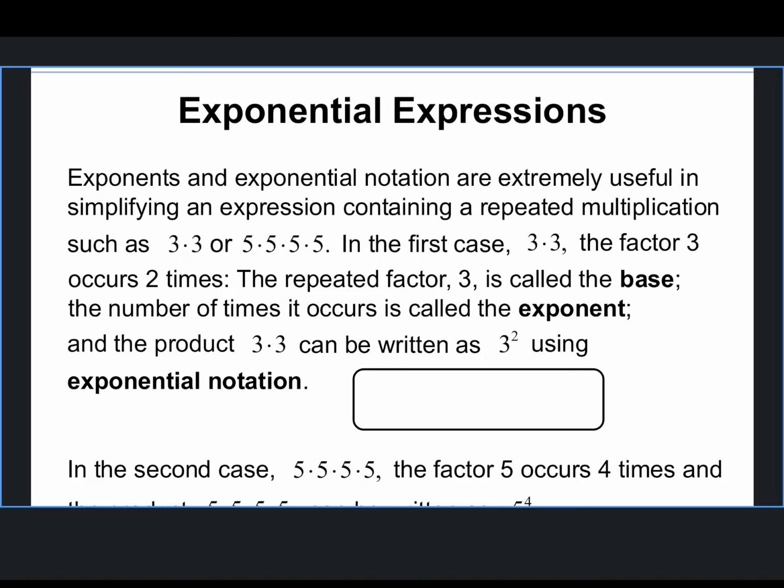That repeated factor is called the base, and the number of times that we repeat it is called the exponent. So 3 times 3 can be rewritten as 3 squared using exponential notation. That's where we have our base raised to our exponent power.